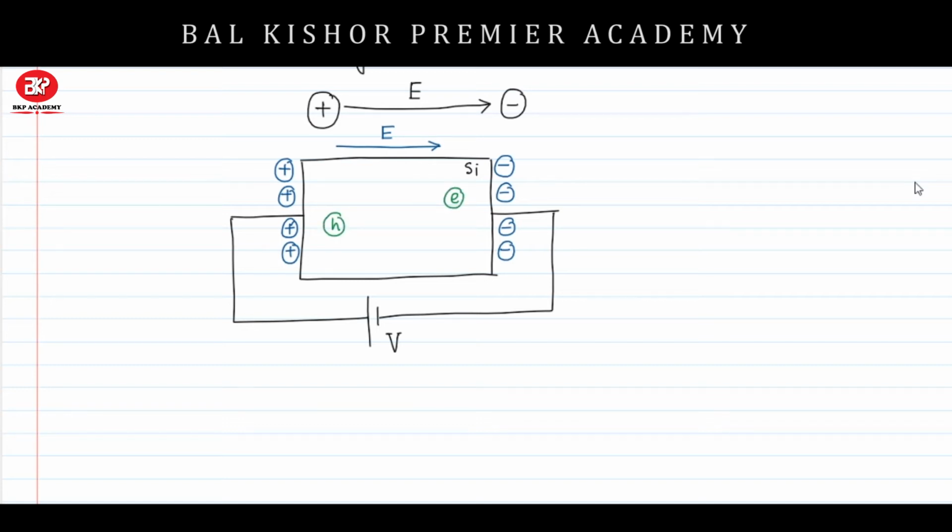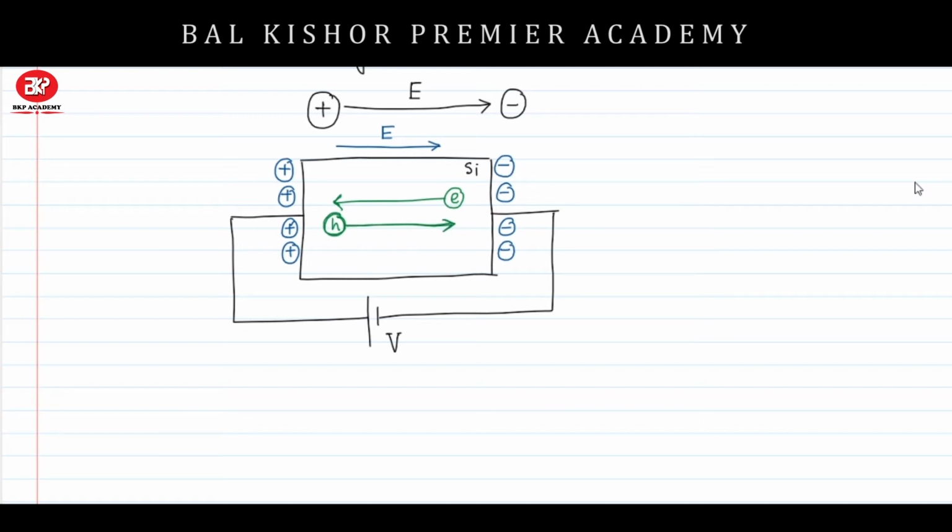Due to this electric field, the electrons will move in the opposite direction and the holes will move in the same direction as the electric field. That is, electrons inside the semiconductor will always flow in the opposite direction to the electric field, like this, and the holes will flow in the same direction as the electric field.